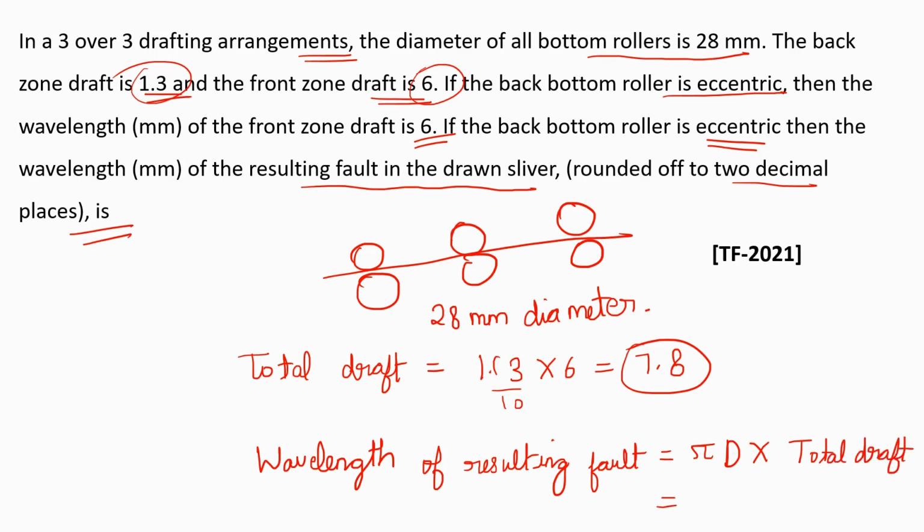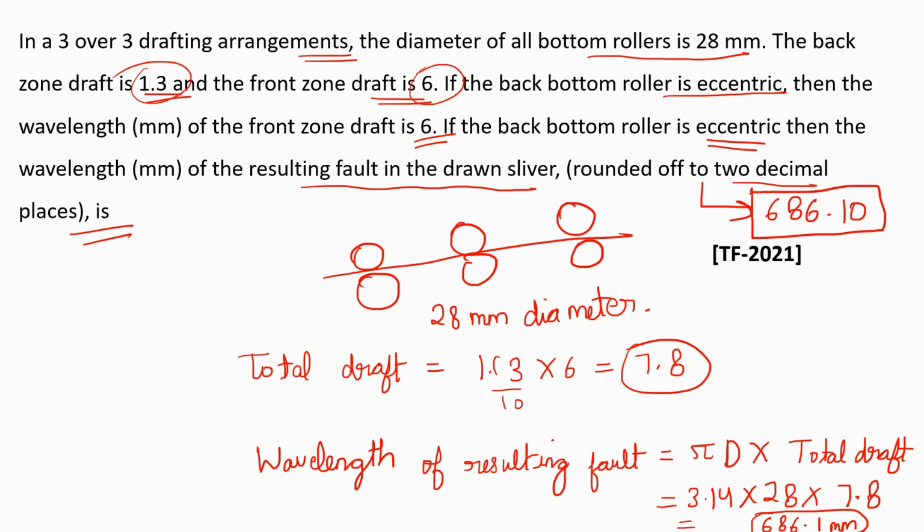It is a formula, so pi is 3.14, the diameter is given as 28, and the total draft we have calculated is 7.8. When you solve this, it will come out to be around 686.1 mm. You have to write it in two decimal places, and the correct answer is 686.10.